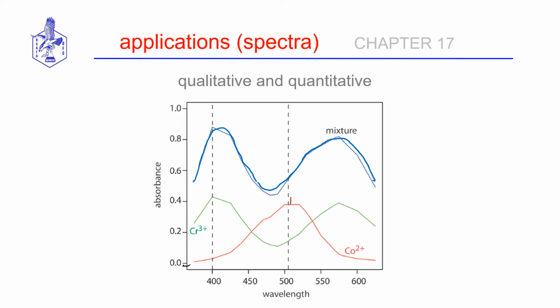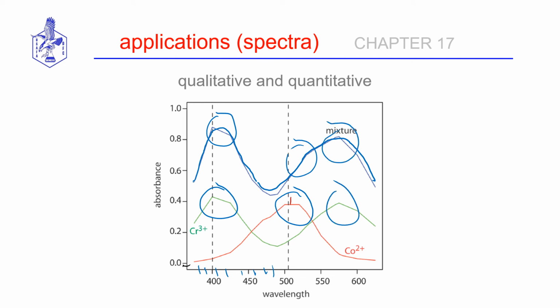Obviously the absorbance at each and every wavelength is going to coadd. So you're seeing the feature from the chromium here. You see a rise in the cobalt here, and then once again the feature from the chromium here. So we can actually do quantitation of more than one species using these methods.